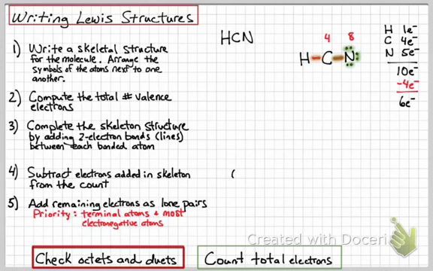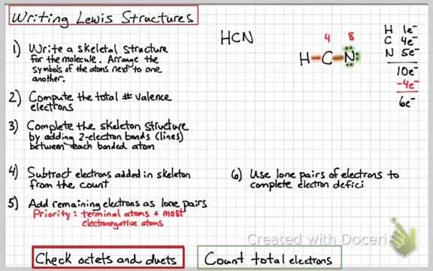So we're going to add a final step in our list of rules, which is we're going to use the lone pairs to complete any deficiencies of electrons. So any electron deficiencies that we see, anything that needs an octet and doesn't have it, we're going to complete those electron deficiencies by moving those lone pairs and forming double and triple bonds.